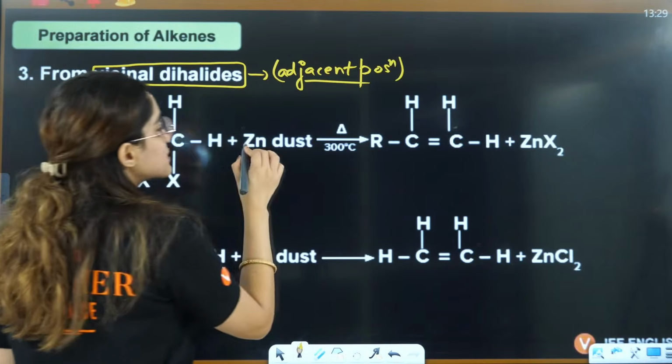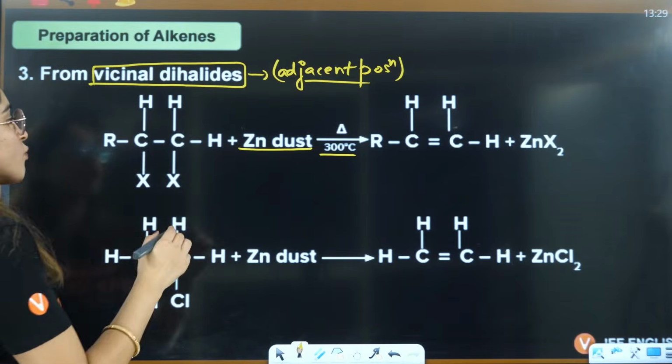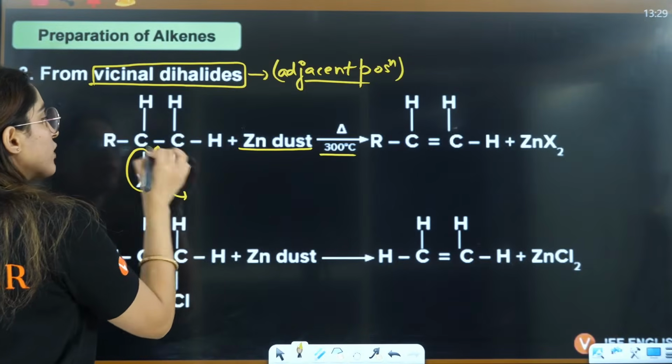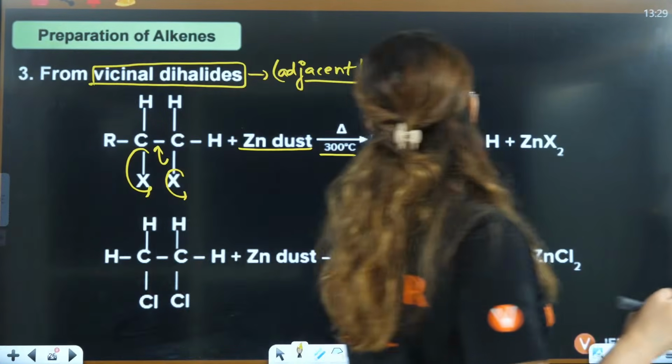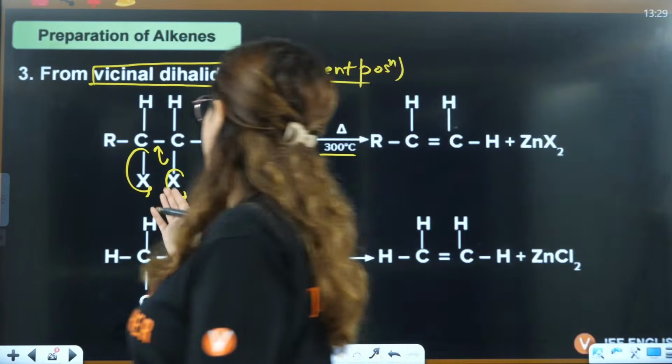Now, when you use zinc dust and the temperature is 300 degrees Celsius, what will happen? This will leave from this side, this bond will shift here, and hence you will have the formation of an alkene. This is one of the examples of that.